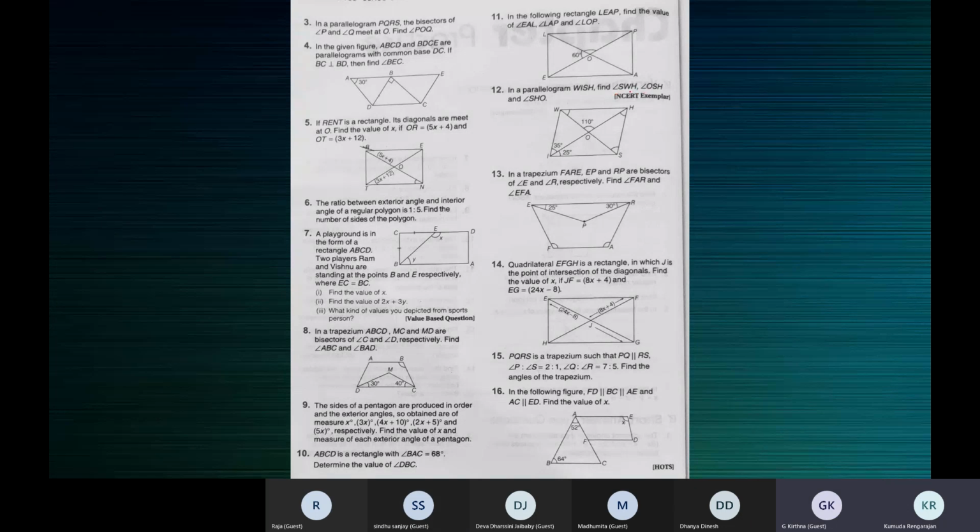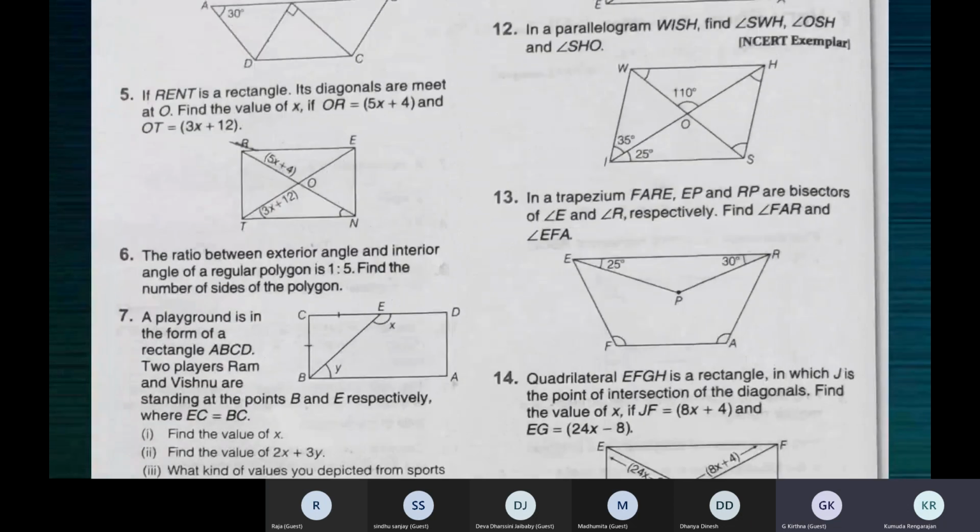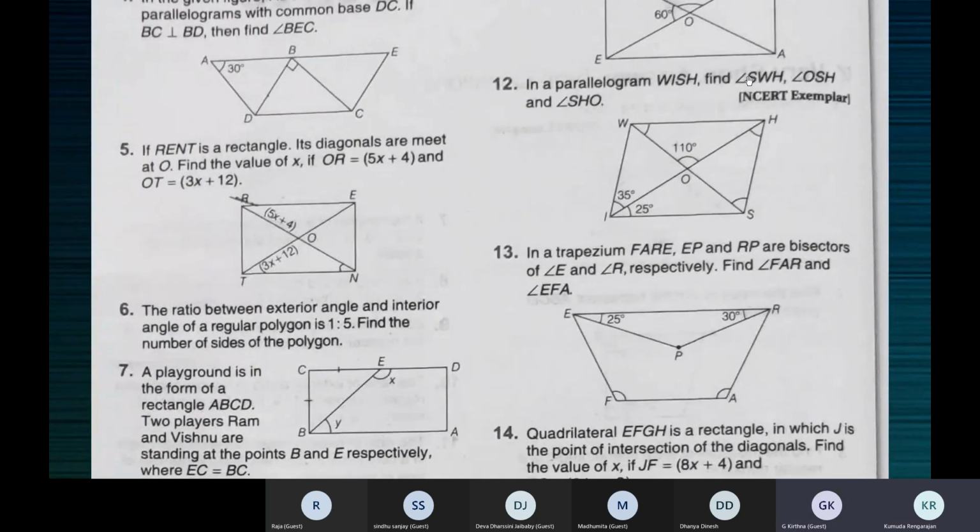Ma'am, I got S is equal to 60 degrees. Children, which one are we talking about? I'm talking about the first angle, this one. Are we talking about this one, 110? No, ma'am, the value of S. Ma'am, value of SWH is equal to 110 degrees. No.